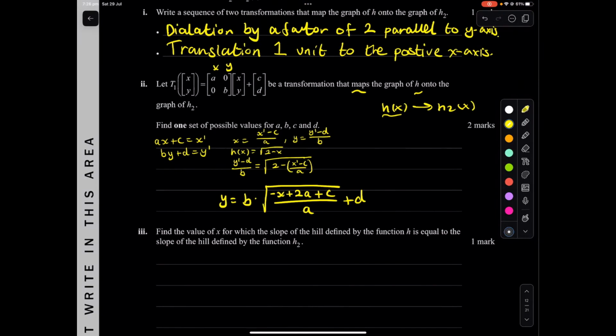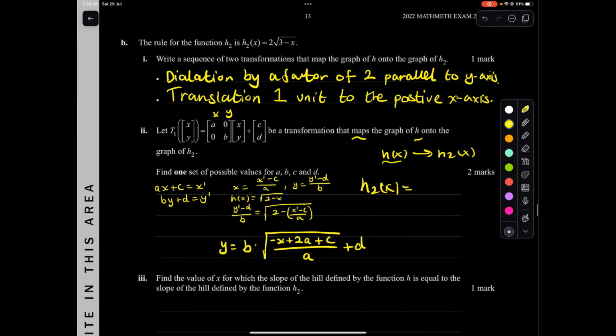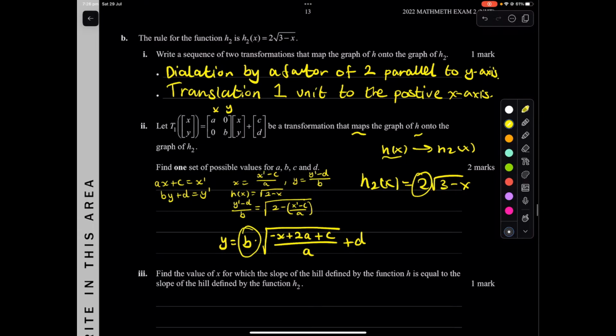Because we know h2 of x is 2 root 3 minus x, your value of b is 2. Your value of b is equal to 2. What else do we know? Your d value, which is 0 here, so d is 0.